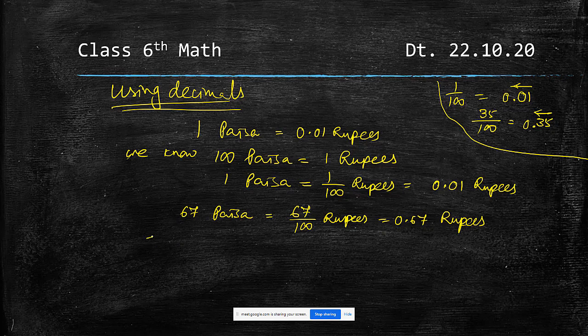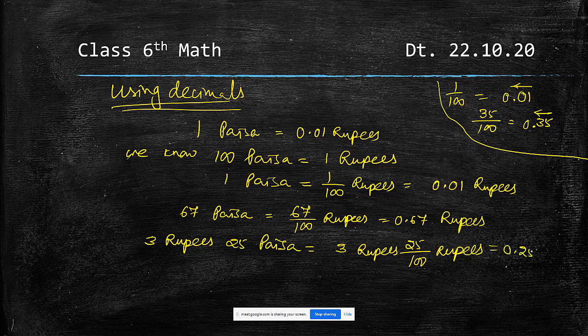Okay. Suppose 3 rupees and 25 paisa. So how will we write this one? So 3 rupees and for 25 paisa we can write 25 upon 100 rupees equal 0.25.